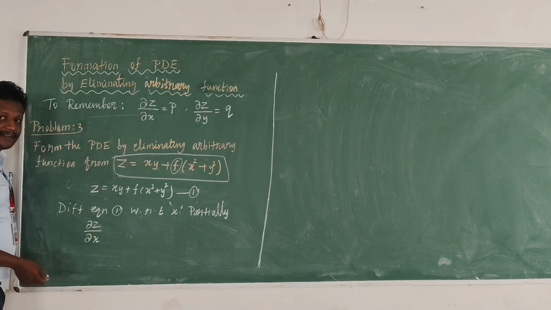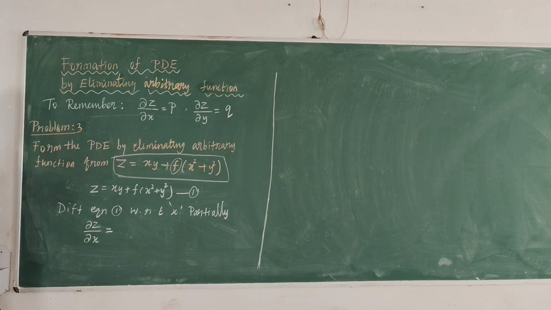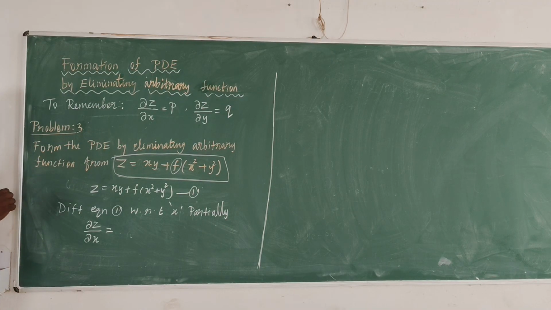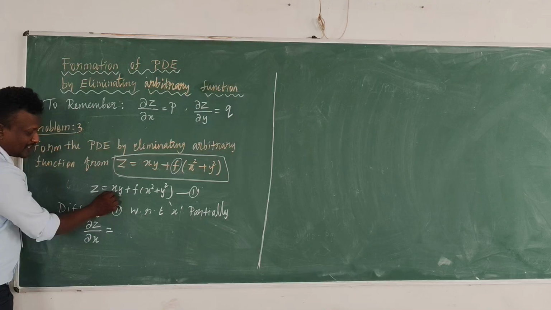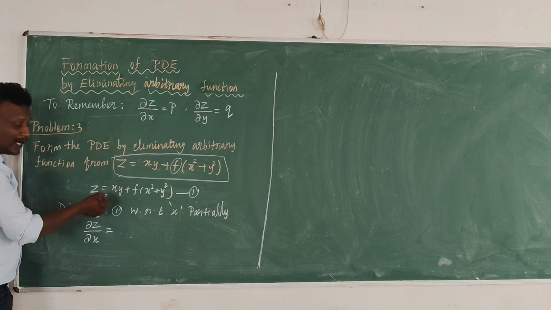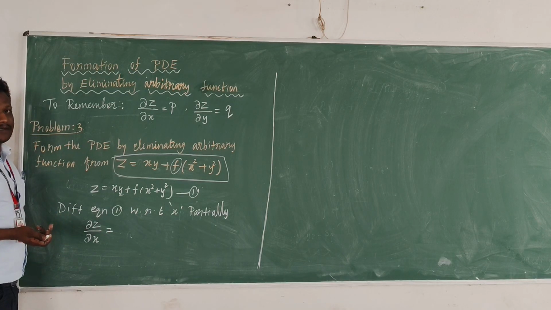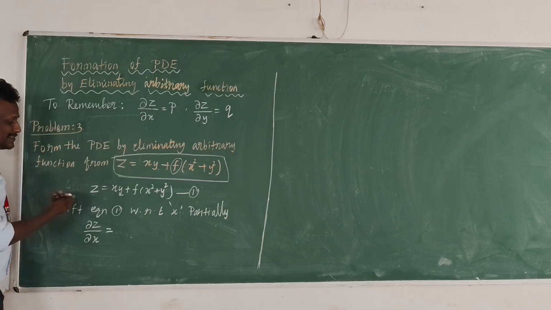Next, let us move to the right-hand side. Wherever we have x, it has to be differentiated with respect to x. At the same time, we need to follow one more condition because this is partial differentiation: if you are differentiating with respect to x, you have to treat the other variable y as constant.